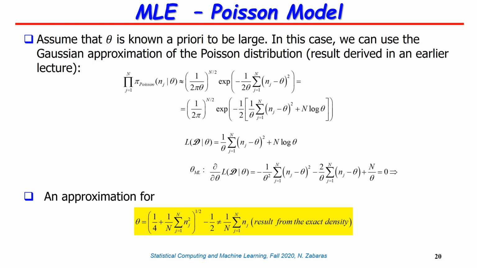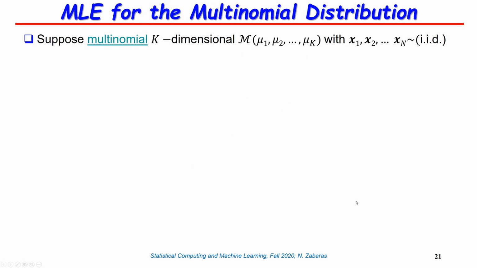Okay, let me just finish these simple examples, and I'm going to remind you of the MLE model that we had seen in an earlier lecture for the multinomial PDF.